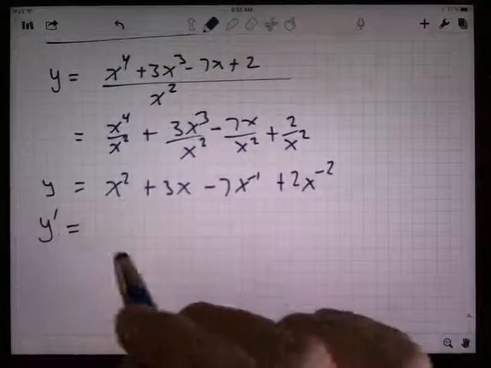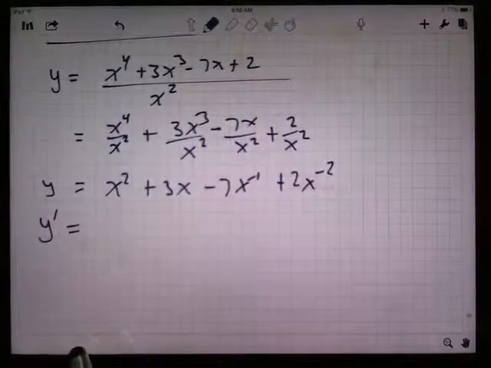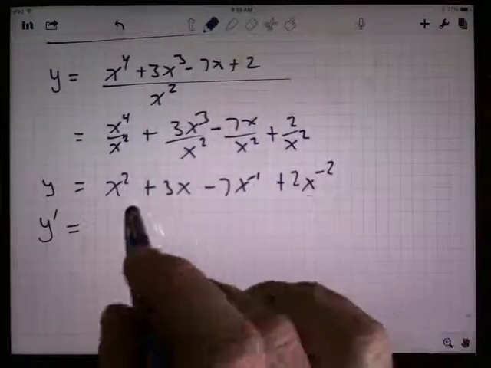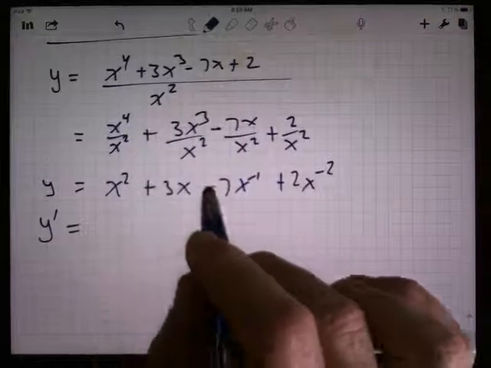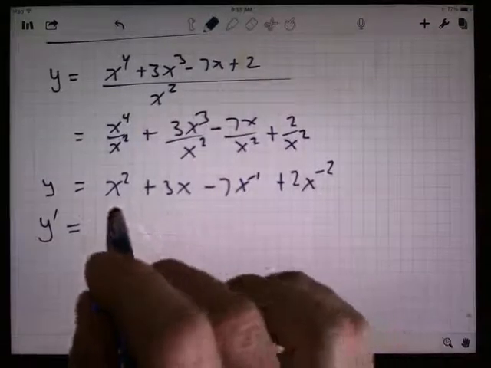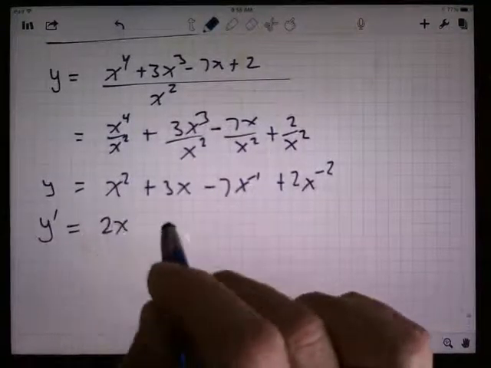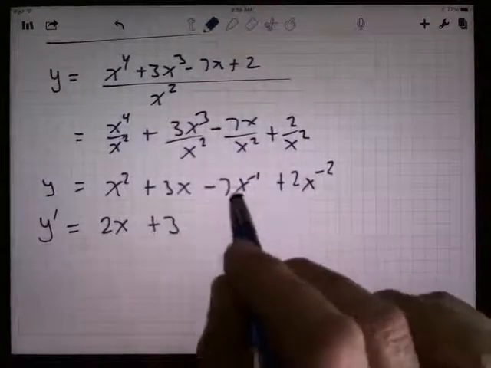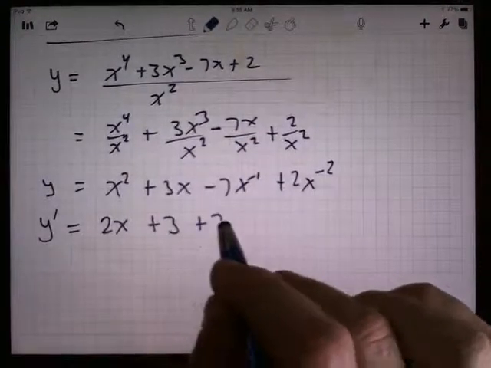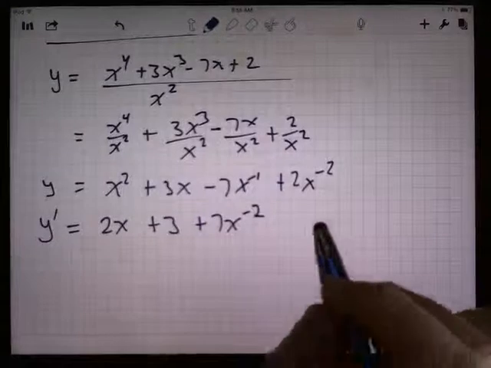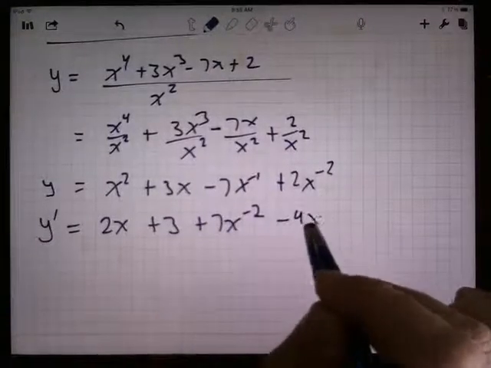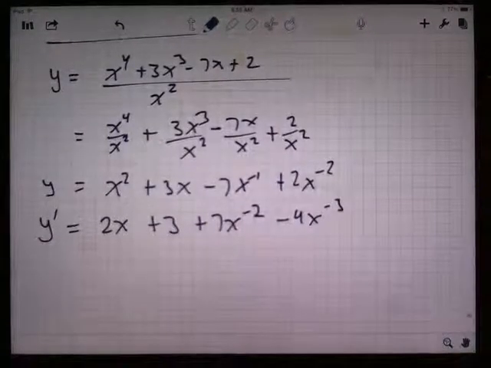Now I can take the derivative using the polynomial stuff. So I've got a sum, and I just take the derivative of each piece and then add them up. So this is 2x plus 3. This one is plus 7x to the minus 2, and this is minus 4x to the minus 3.